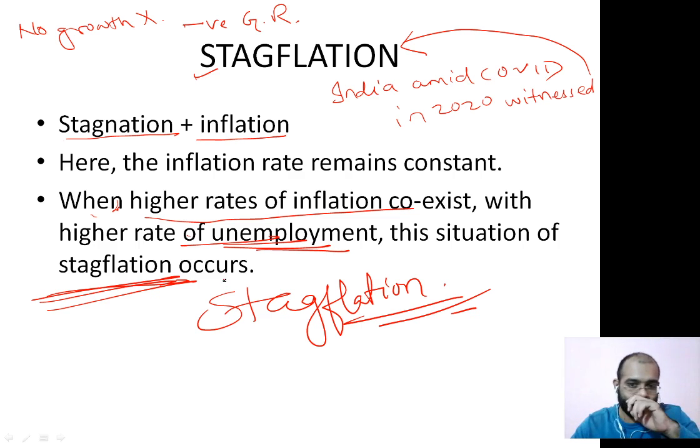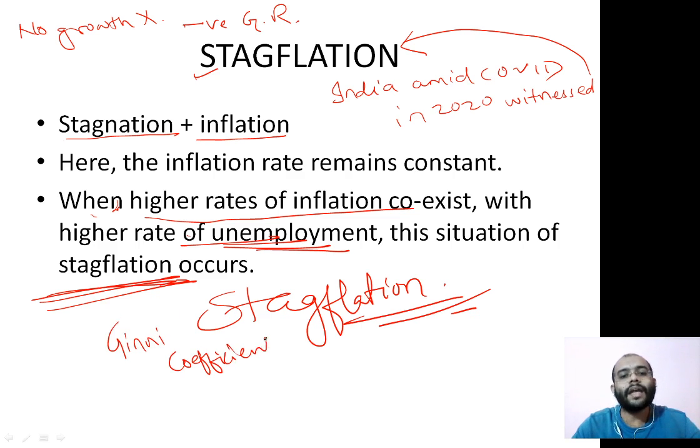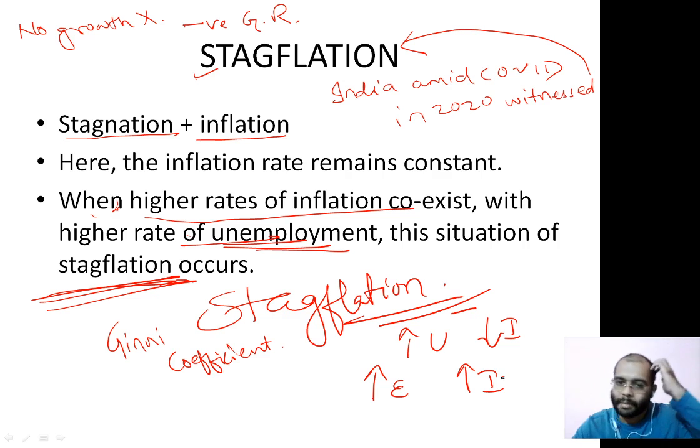There is a graph, Gini coefficient is also present, which we will be discussing in our live classes, where it talks about higher the unemployment, lower the inflation. Higher the employment, higher the inflation. And this can be understood.